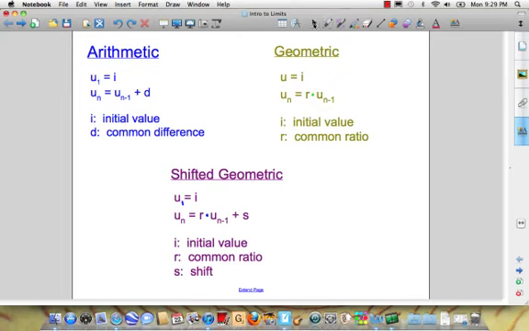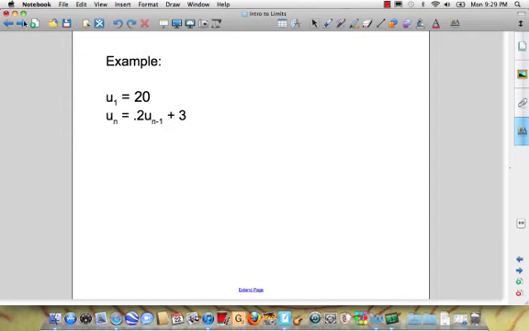Okay, so let's look at an example. So this is a shifted geometric sequence, and the starting value is given as 20. So what I'm going to do is find the first several terms of this sequence. Okay, well, u sub 1, I'm told, is 20.